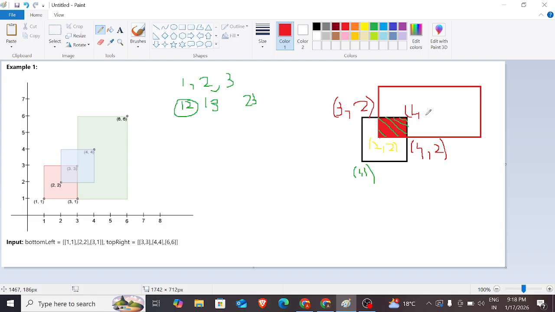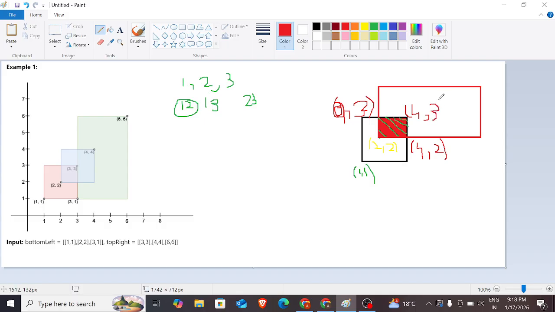This kind of side pattern. 3, 3, yeah, so this is 3, 2, this is 4, 2, and this is 2, 3, my bad, 2, 3, and this will be now 4, 3, right?